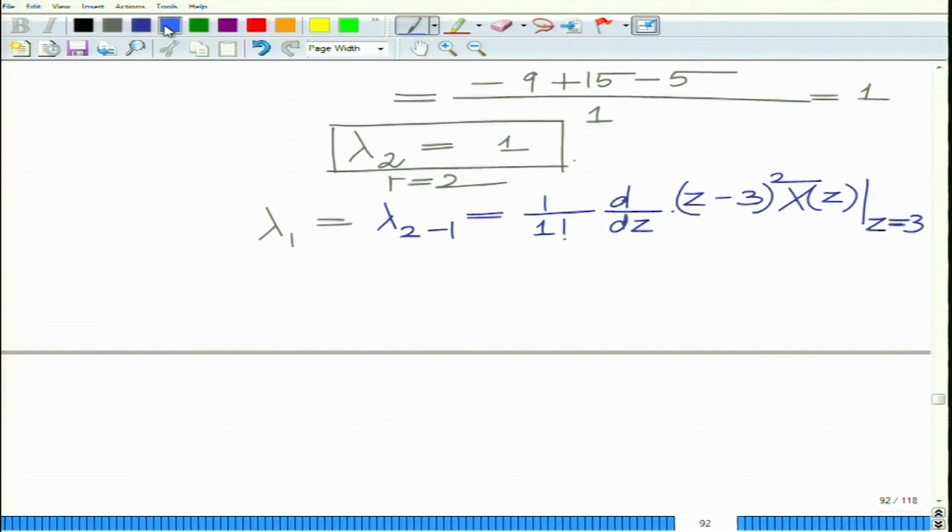Now, let us evaluate what this quantity, z minus 3 whole square times X(z) over z, is.